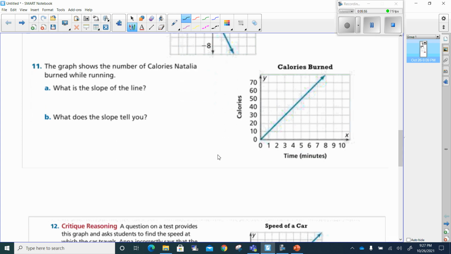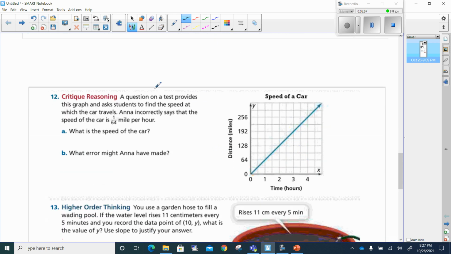Next is number 12. A question on a test provides this graph and asks students to find the speed at which the car travels. And incorrectly says that the speed of the car is 1/64 miles per hour. And so we can see over here, 64 miles per hour does meet with 1 right here, right?